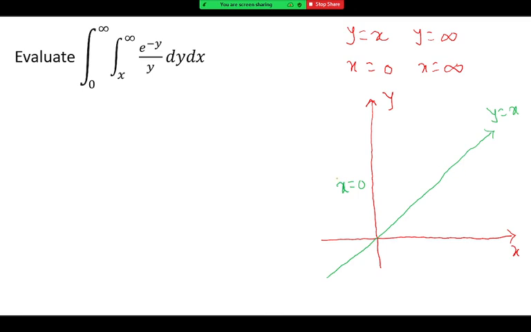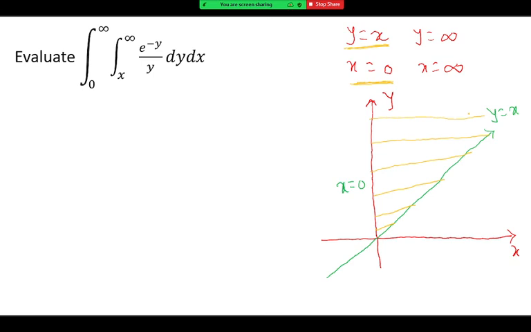The region should be in between these two. First, we have these boundaries, y equal to x and x equal to 0. So the region should be between these two straight lines. So the region of integration is this one. The only problem with this region is that it is an unbounded region. This region is infinite. So step number 1, we identified the region.